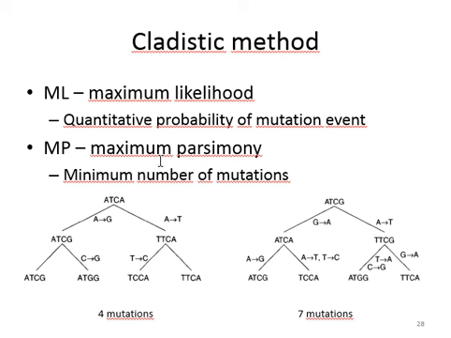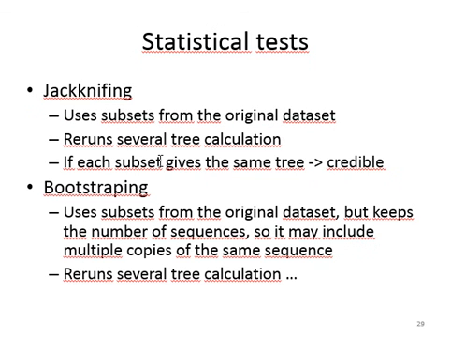Finally, most trees you have to validate statistically, and the most used method is bootstrapping, although there are also other statistical tests for a phylogeny to give some statistical significance.